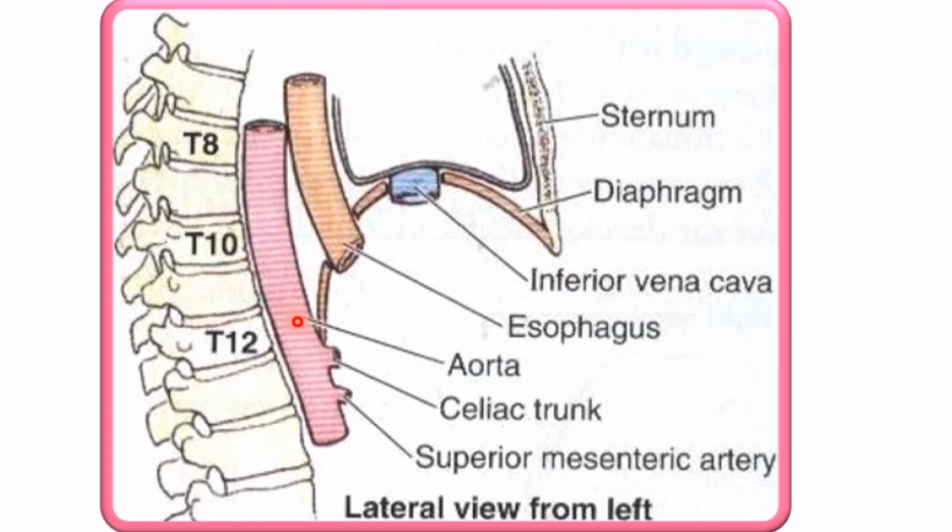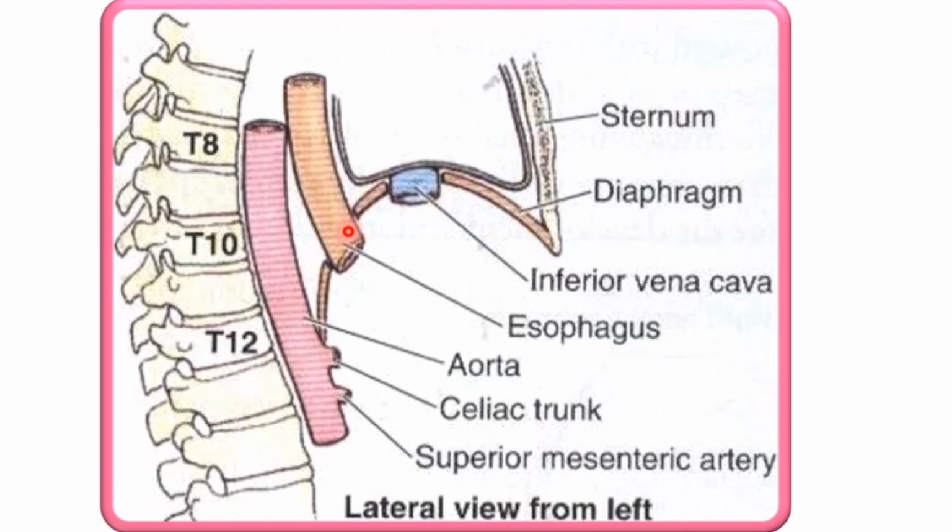At the cava opening here, we also see this opening transmitting alongside the inferior vena cava the right phrenic nerve. So the right phrenic nerve also passes alongside with the inferior vena cava. Now for the esophageal opening, alongside transmitting the esophagus, it will also transmit the right and the left vagus nerves.